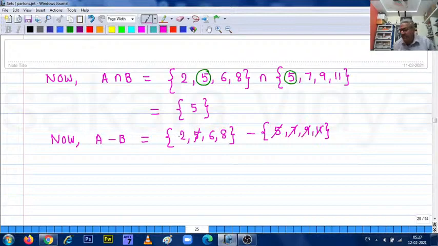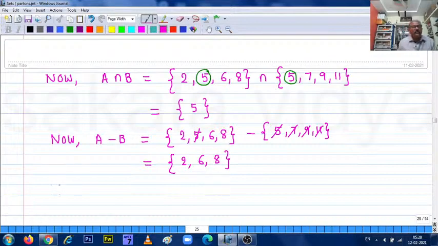What are the remaining elements in set A? 2, 6, 8. This is called only A because 5 is in both A and B. That element needs to be deleted. So we now get 2, 6, 8. This is A minus B.